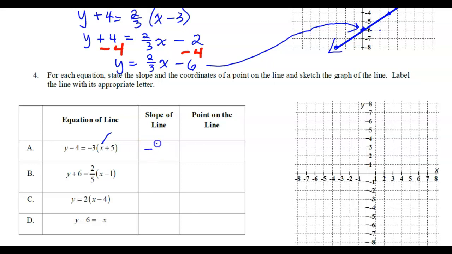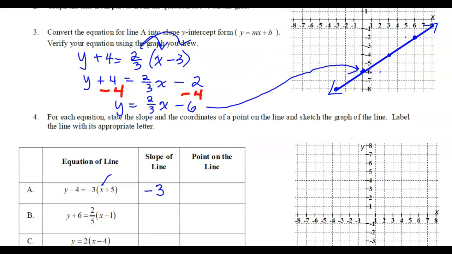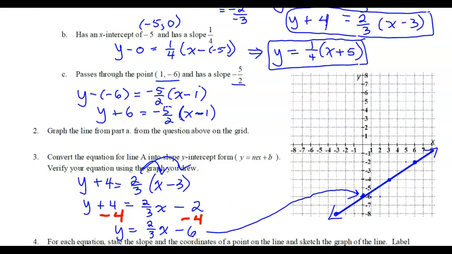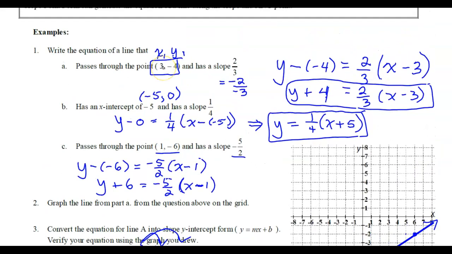So the -3 is the slope and a point on the line. Remember how we subtracted? It was always the opposite sign. So back up to these ones, the point was 3, -4. In the x, it was x minus 3.